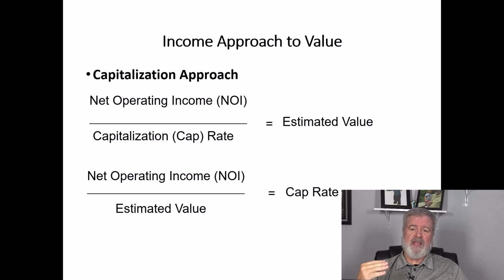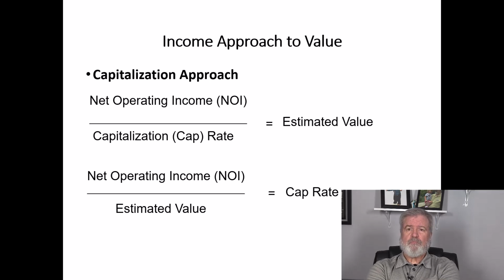It could be the capitalization rate. If they provide the capitalization rate to you, then you'll divide the net income by the capitalization rate, or cap rate, as we often use the short term. Net income divided by the cap rate will give you the value of the property. Now, if they don't give you the cap rate, they will have to tell you what the value of the property is.